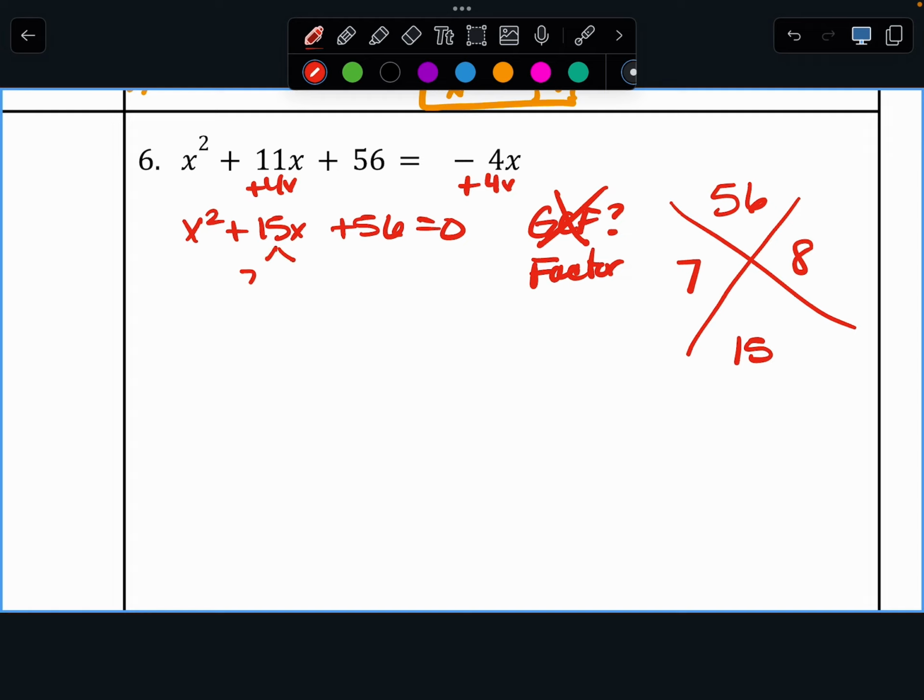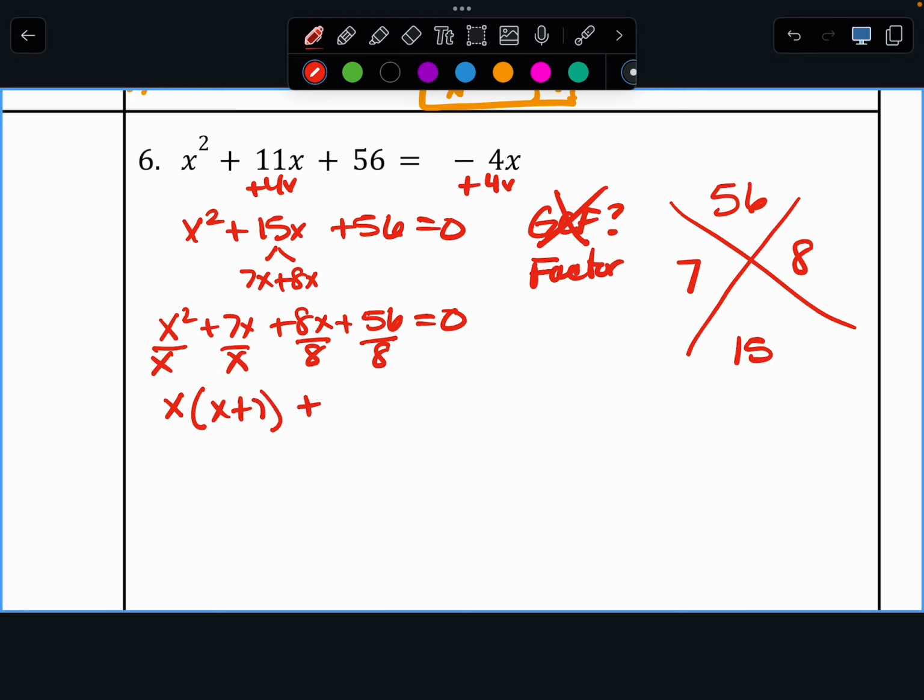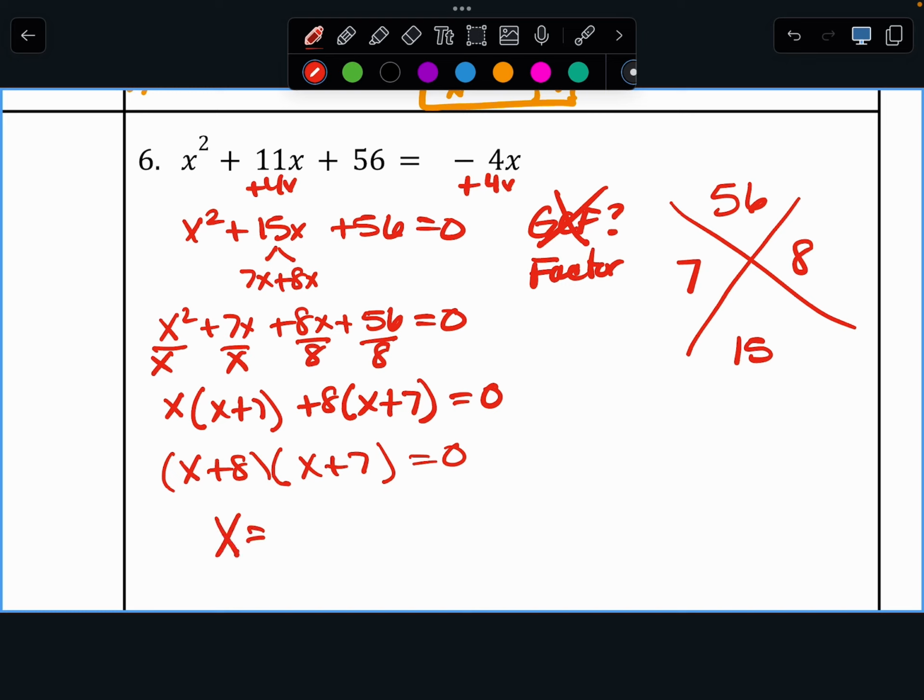So then we group 7x plus 8x so that I have x squared plus 7x plus 8x plus 56 equals 0. Divide by x, divide by 8. I have x times x plus 7 plus 8 times x plus 7 equals 0. x plus 8 times x plus 7 equals 0. x equals negative 8 and negative 7.